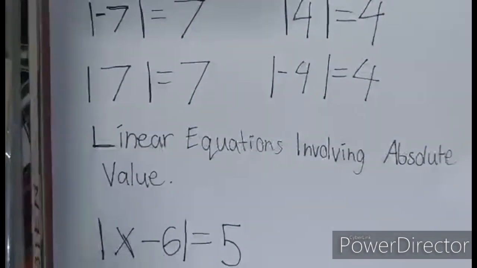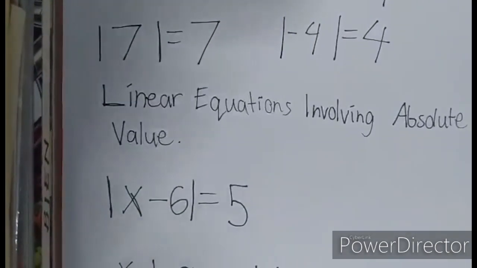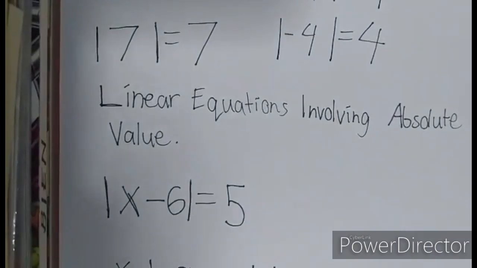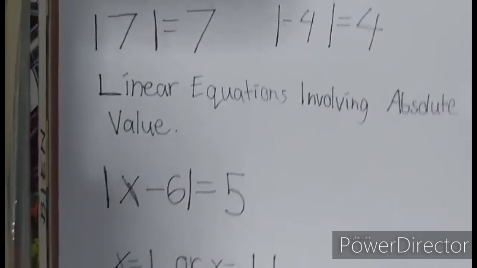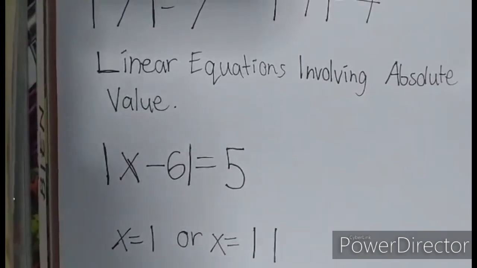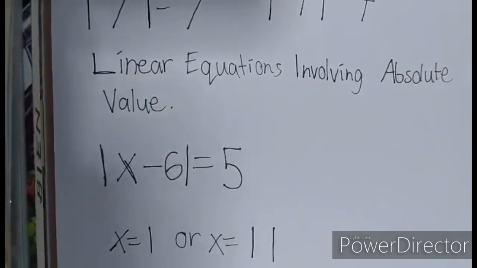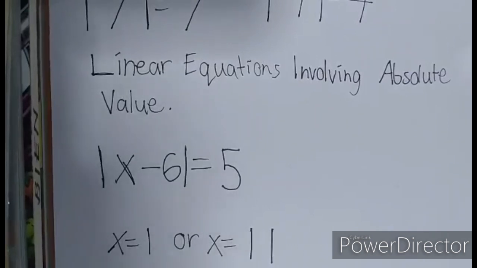I have an example here: the absolute value of x minus 6 equals 5. There are two numbers whose distance from 6 is 5. These two numbers are 1 or 11. Thus, x equals 1 or x equals 11.